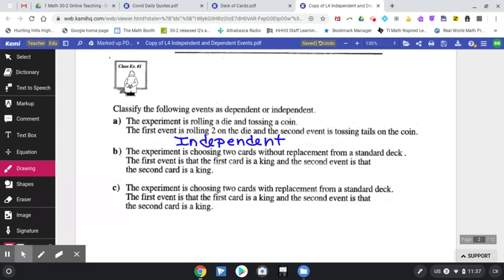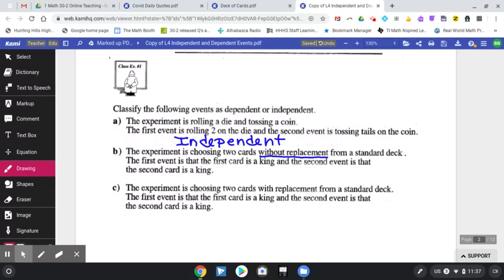And with B, the experiment is choosing 2 cards without replacement from a standard deck. So again, we really have to watch with the card questions. Do they replace the card or do they not replace the card? So here they do not replace the card. The first event is that the first card is a king, and the second event is that the second card is a king.